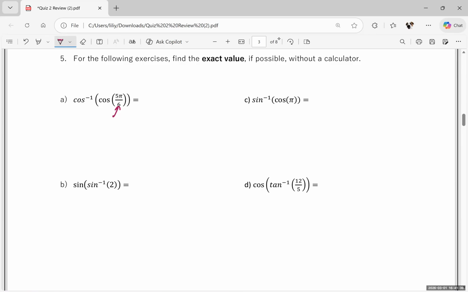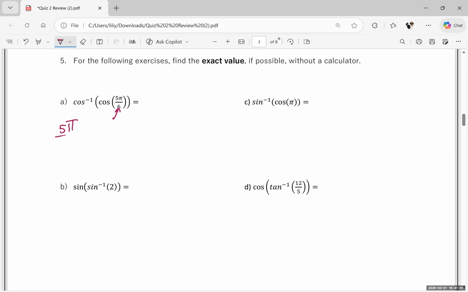So let's go ahead and check that. 5 pi over 6. The restriction for cosine is this interval, 0 to pi. And 5 pi over 6 is inside that interval. Since the angle value is inside the interval, the answer is just that angle value.